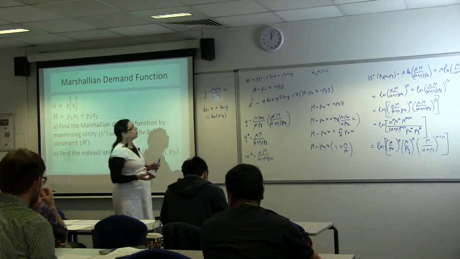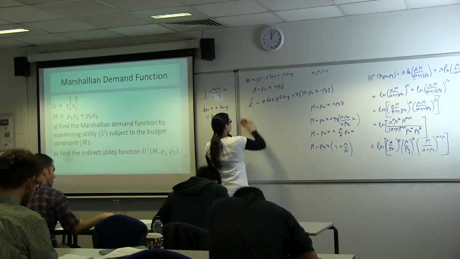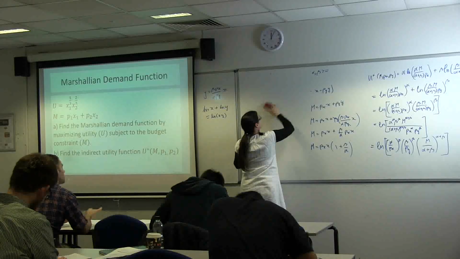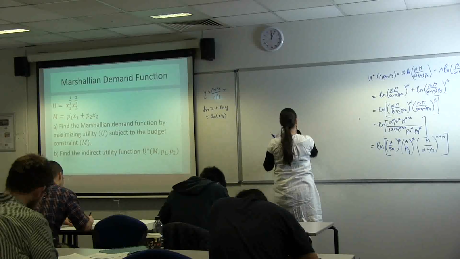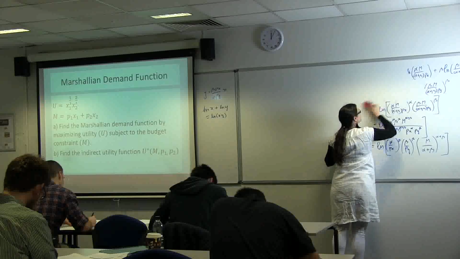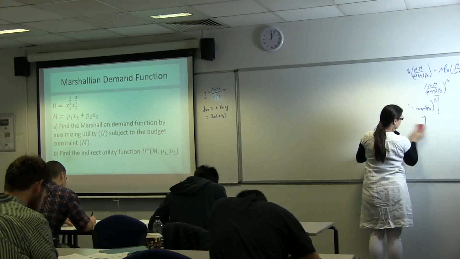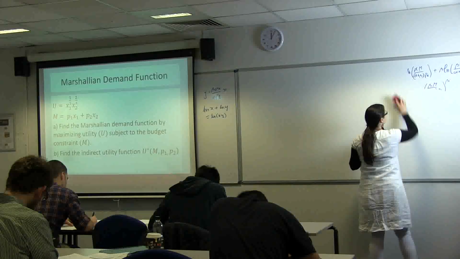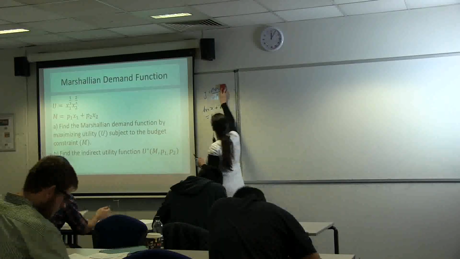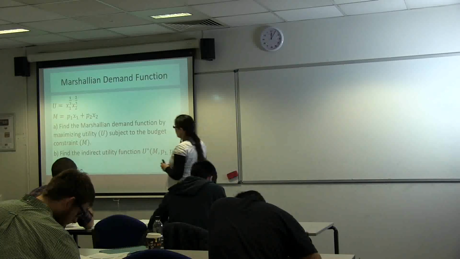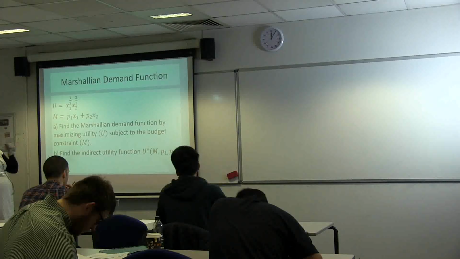Marshallian demand functions. So the Marshallian or ordinary demand function comes when you maximize utility subject to the budget constraint.